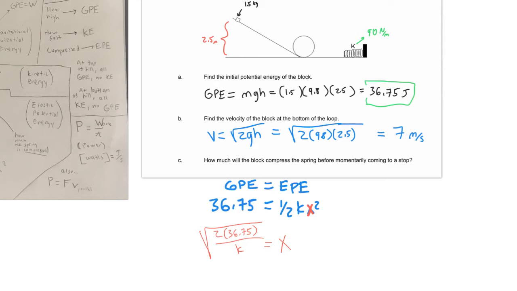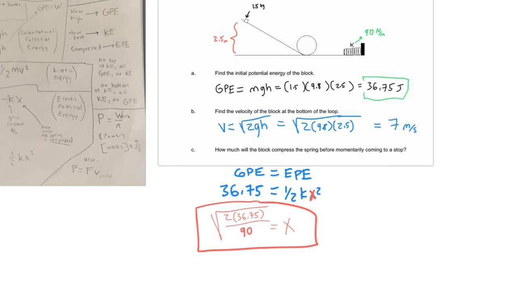That was given in the problem, so I'm going to replace k with a 90, and then we will go ahead and just find out what this is in the calculator, and it is approximately 0.9, and that would be meters, so approximately 0.9 meters. So I'll put the x over here. Okay. Let me rewrite this. 0.9 meters.